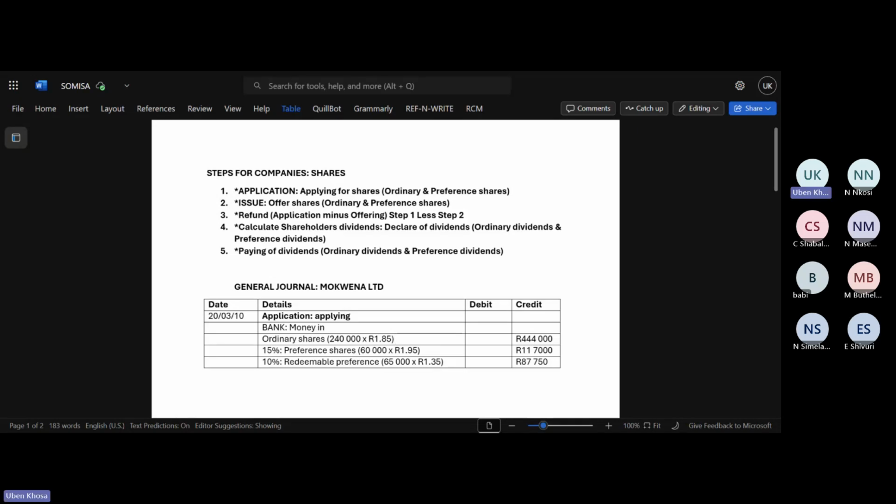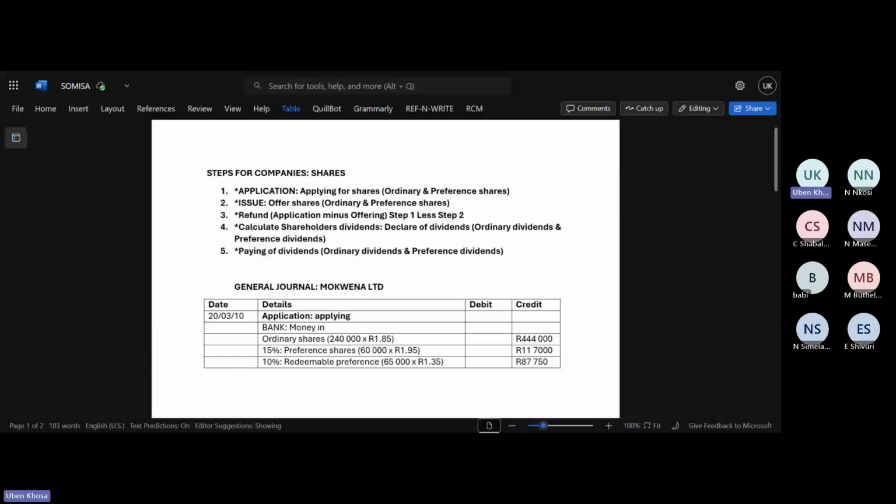Fine. Since we are doing financial accounting, we know that we must record values or amounts here, meaning we must convert all the number of shares into a value. Back to the question paper. How much is each ordinary share? We can go up and check.